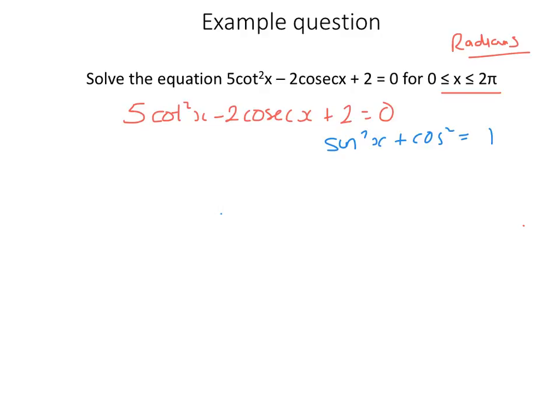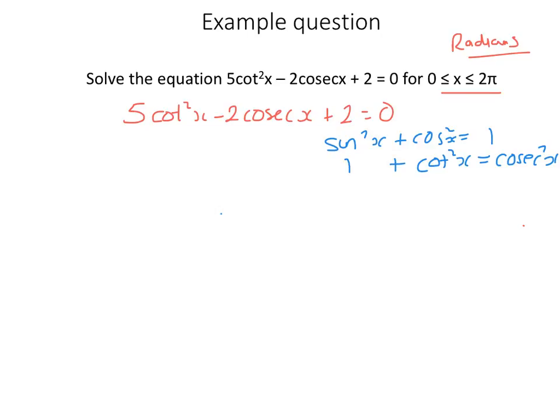Now we want to work out what cot squared x equals. So to get cot squared, I would divide through by sine squared x. So that will give me 1. Cos squared over sine squared is cot squared x. And 1 over sine squared is cosec squared x.